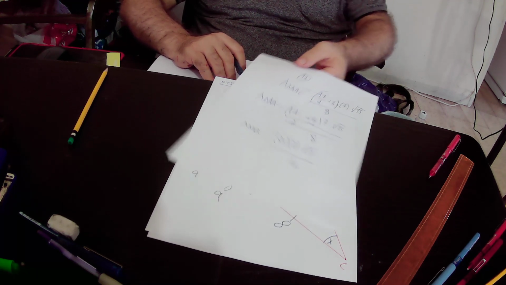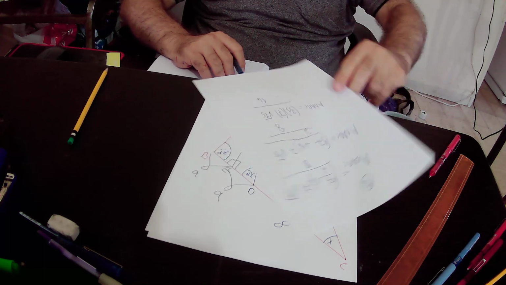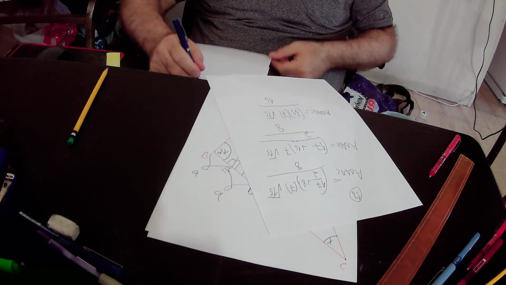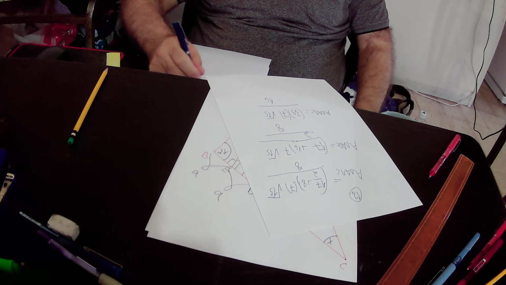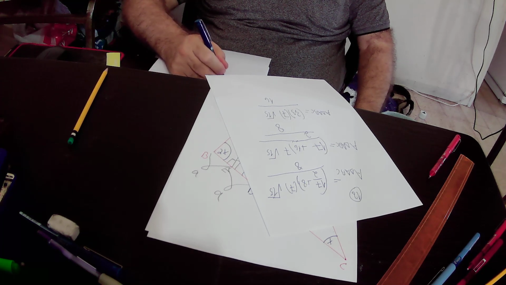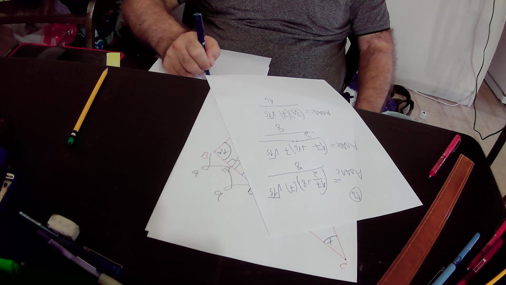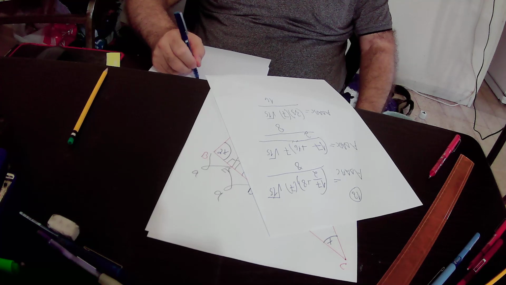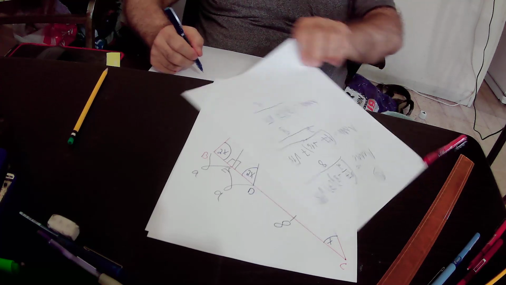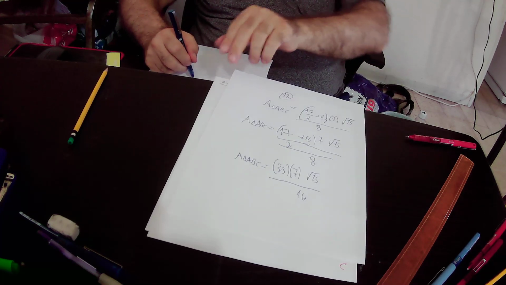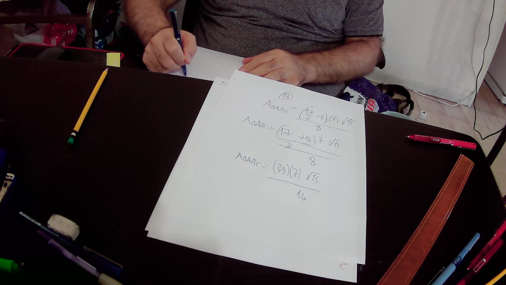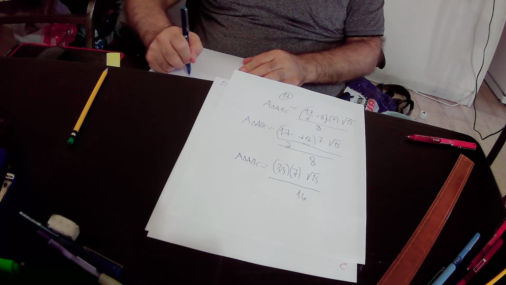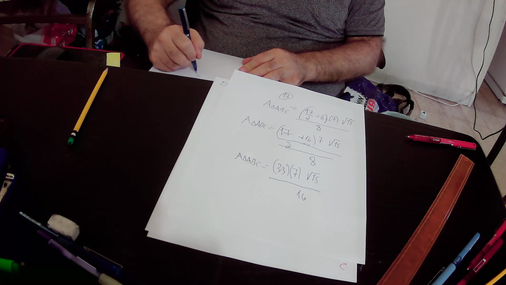Okay, so the area of triangle ABC equals 231 times root 15 over 16 square units.